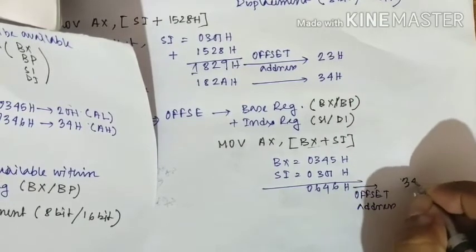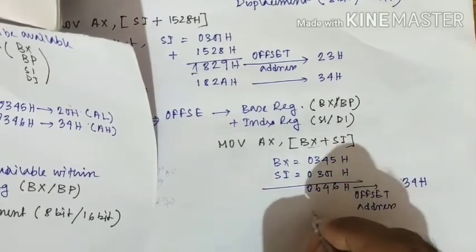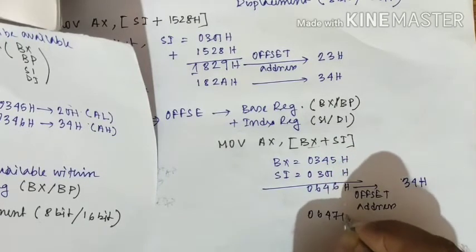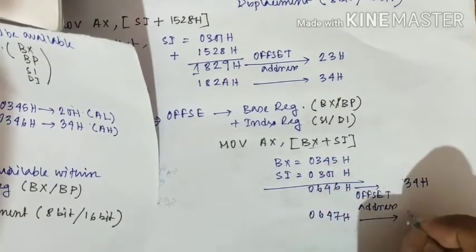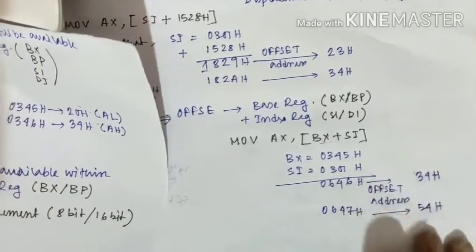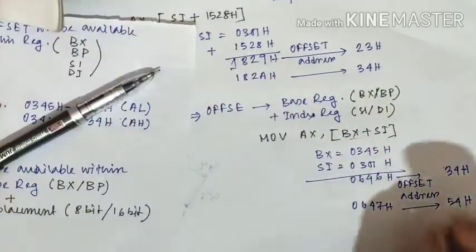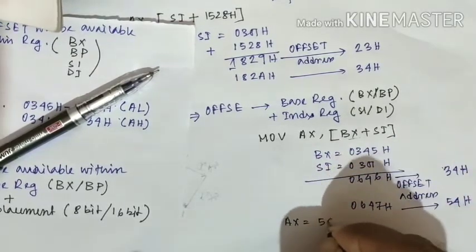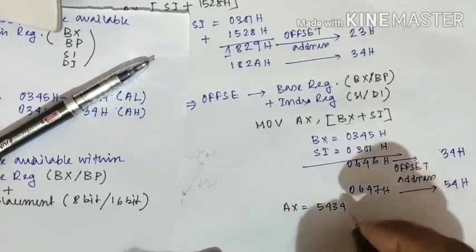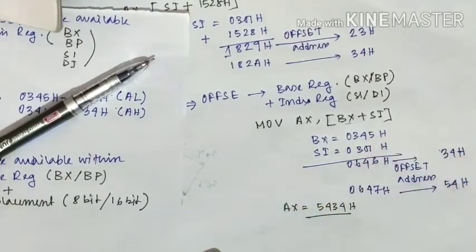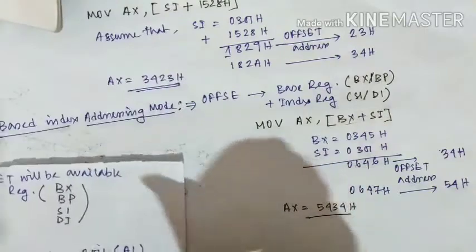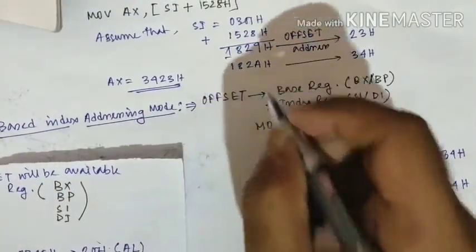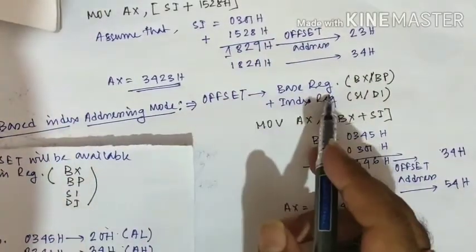The data can be 34 hex, and from the next location, that is 040647 hex, the next data might be 54 hex. So after execution, the content of AX will be 5434 hex.